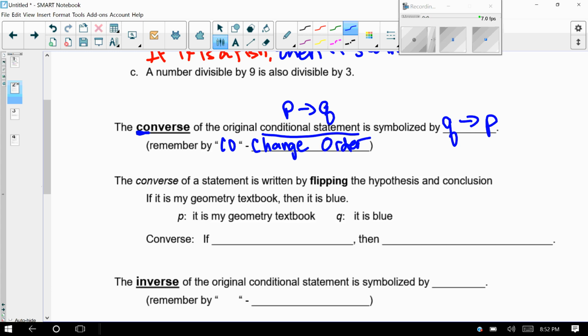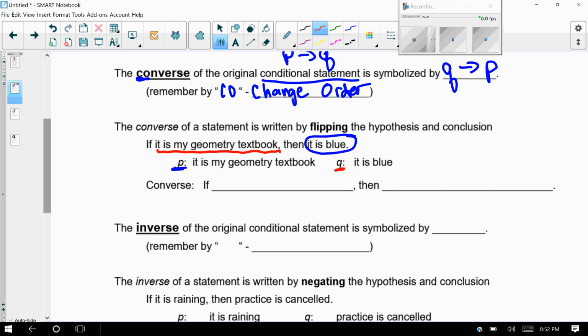So let's look at this conditional statement. It says, if it is my geometry textbook, then it is blue. Remember, after the if, that is my hypothesis. And after the then, that is my conclusion. So they wrote it out for you. P is, it is my geometry textbook. Q is, it is blue. We're going to flip it.